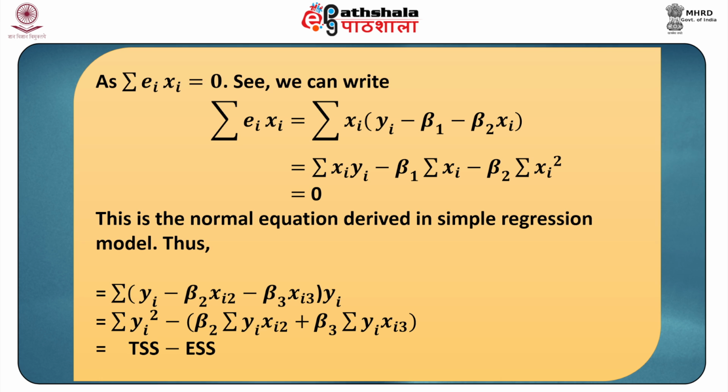Thus we can say that this is equal to sigma (yi minus beta 2 xi2 minus beta 3 xi3) into yi, and is equal to sigma yi square minus beta 2 into sigma yi xi2 plus beta 3 into sigma yi xi3. Hence this is equal to the total sum of squares minus the explained sum of squares.